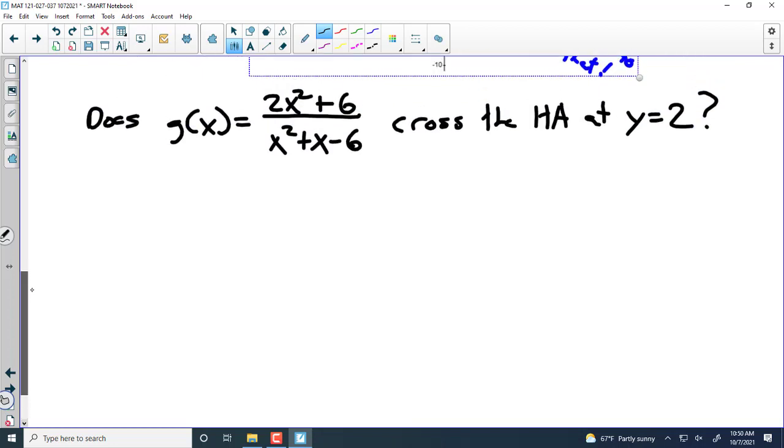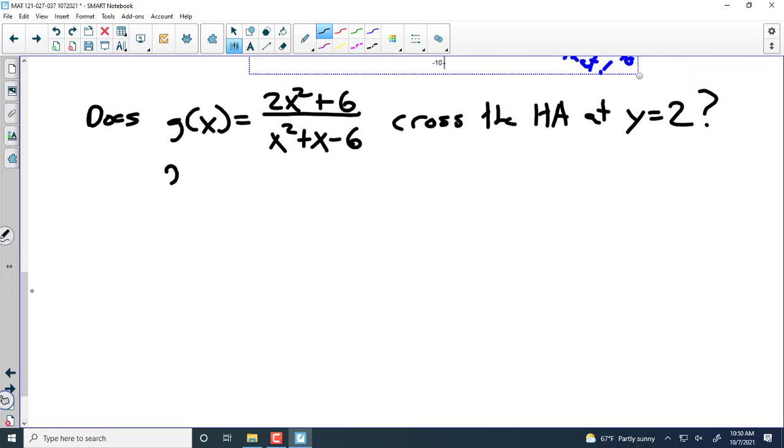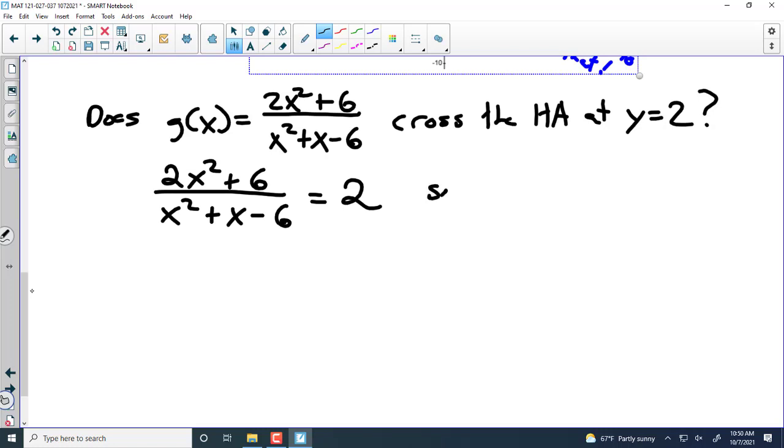The way you answer that question, everyone, is you set the function equal to the number of the horizontal asymptote, and you solve for x. This is how you find out if this function ever hits this line.